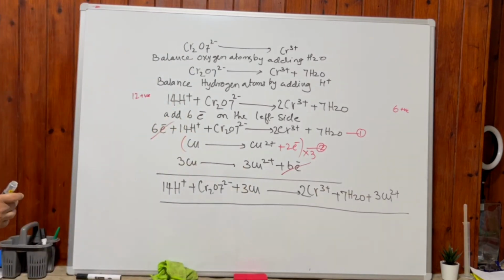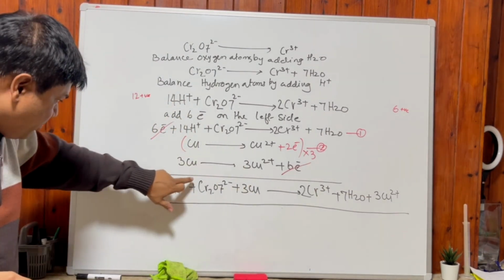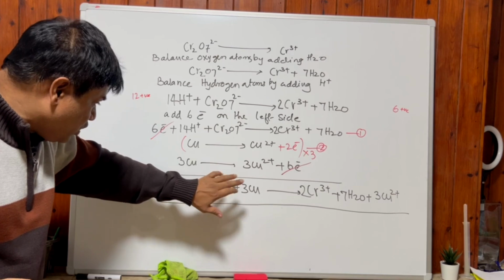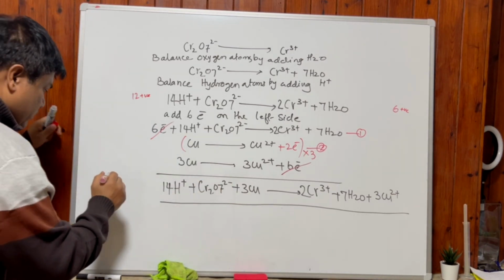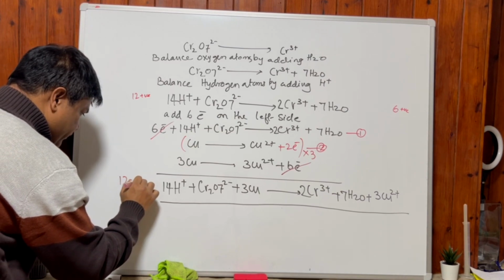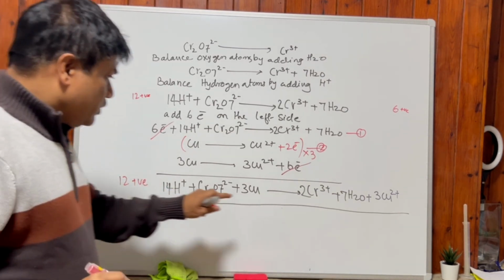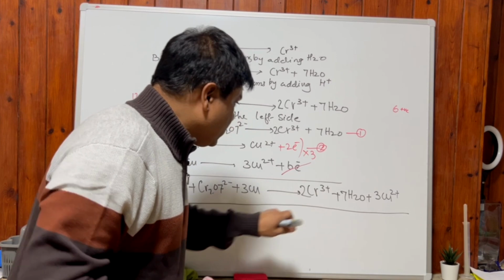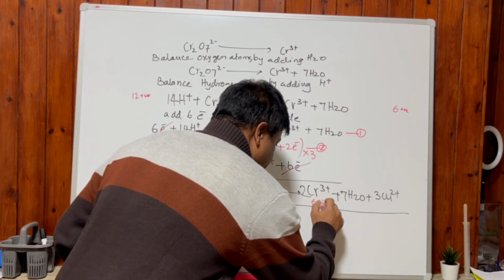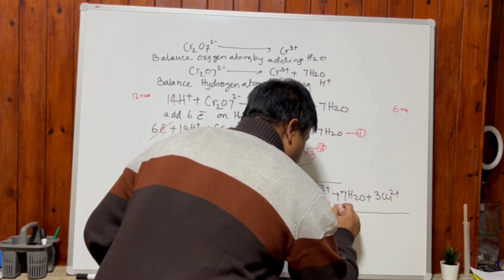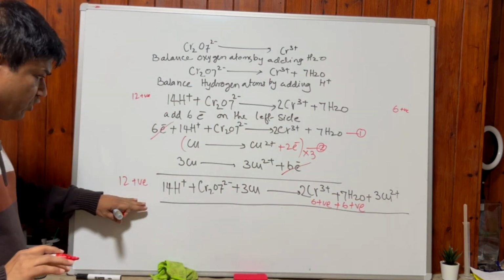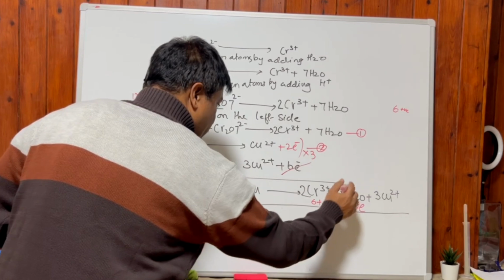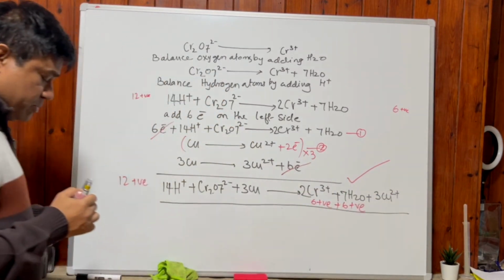Now the charges. 14 positive, take away 2 negative, 12 positive on this side. 2 times 3, 6 positive, 3 times 2, 6 positive, 12 positive on the right side. This equation is completely balanced.